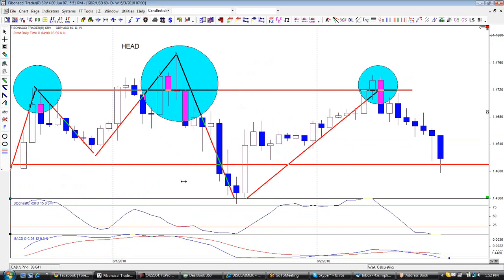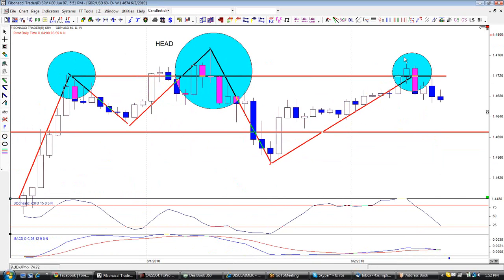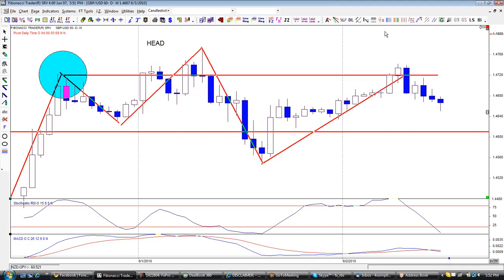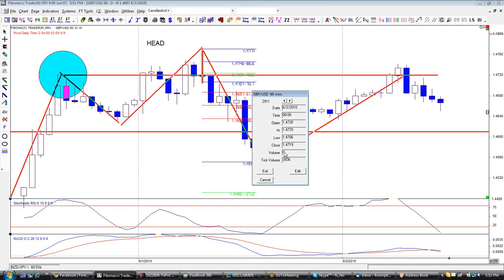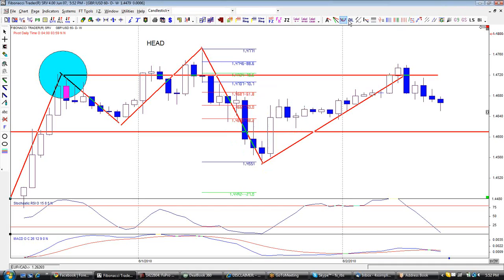Now another thing that we can find in this setup is, since we're starting the bearish trend, I pull my fibs and make sure the fib is correct. Yes.